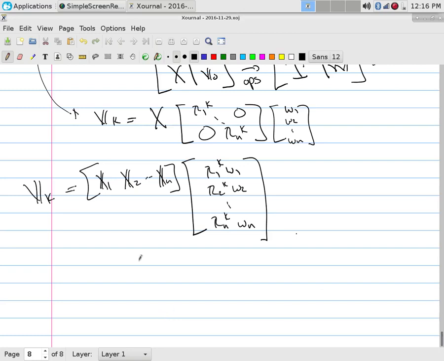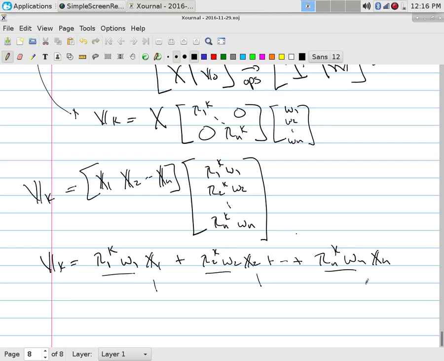And so vk is simply lambda 1^k w1 times x1, which is a column, plus lambda 2^k w2 times x2, plus lambda n^k wn xn. So what do I have? Number, number, number, vector, vector, vector. It's a linear combination of the eigenvectors.